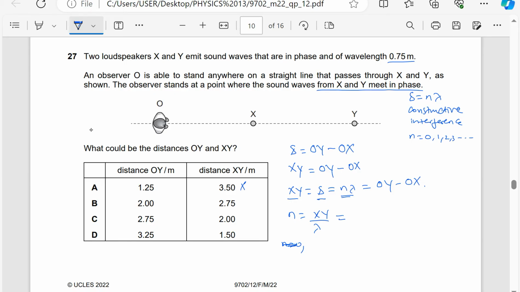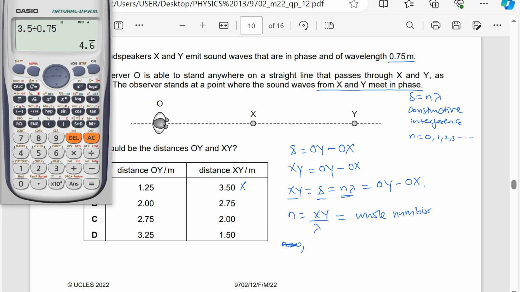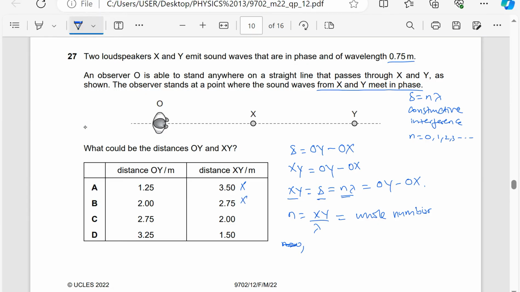So n should be a whole number for constructive interference: 0, 1, 2, 3, and so on and so forth. I'll check the second one, 2.75 divided by lambda, which is 0.75. That is not a whole number, so that is out.